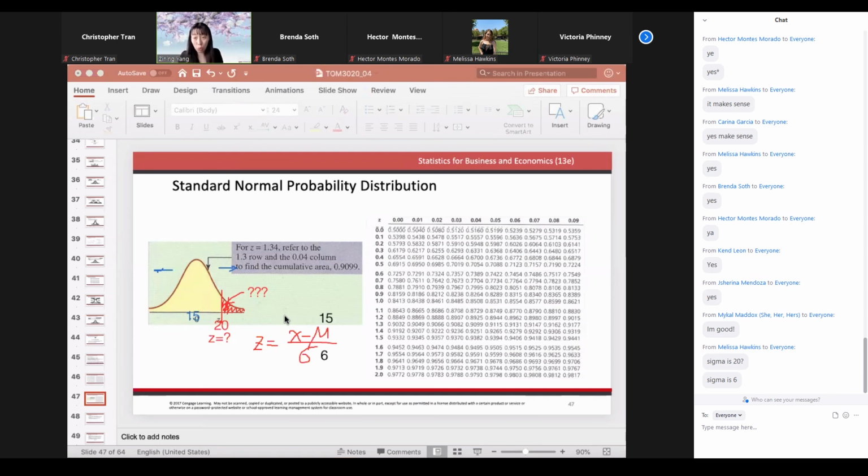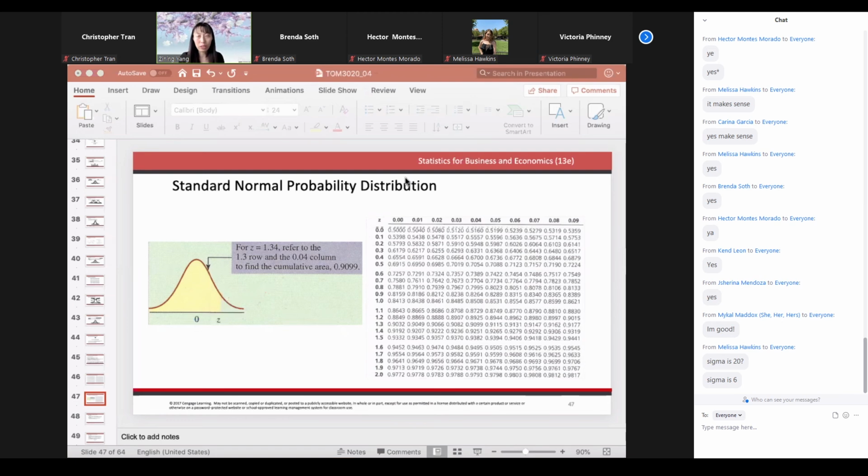X is what we have, right? That's exactly our situation. We have a stock of 20 gallons, so that should be the number we plug in. We know the average demand is 15 gallons with a standard deviation of 6.